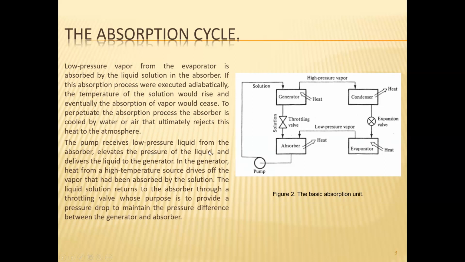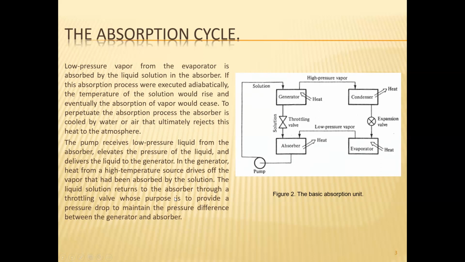The pump receives low pressure liquid from the absorber and elevates the pressure of the liquid and delivers the liquid to the generator. And in the generator, heat from high source temperature, ito added, drives off the vapor that had been absorbed by the solution.